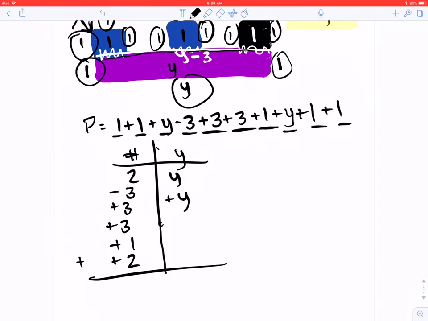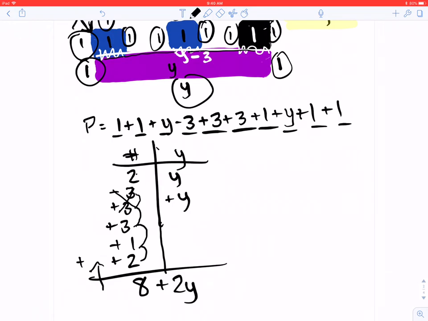All right, let's add all this up. I'm going to go from the bottom to the top. So I have 2 plus 1 is 3, plus 3 more is 6, plus 3 more is 9. But then I'm taking 3 away, so really these cancel each other out. So I have 3 plus 3 is 6, plus 2 more, and then I have 2 y's.